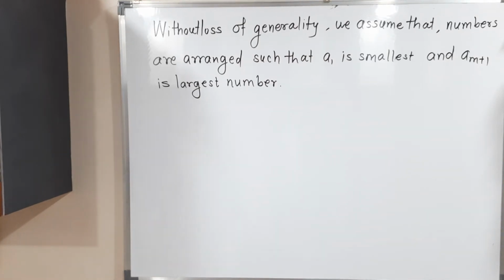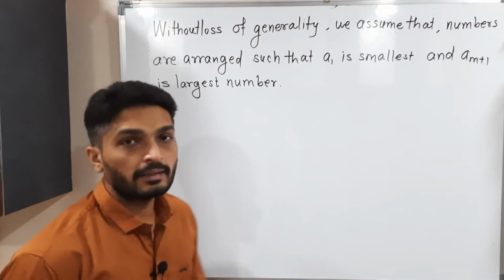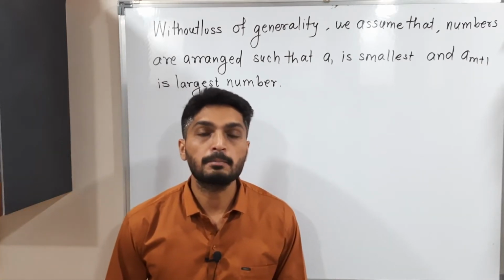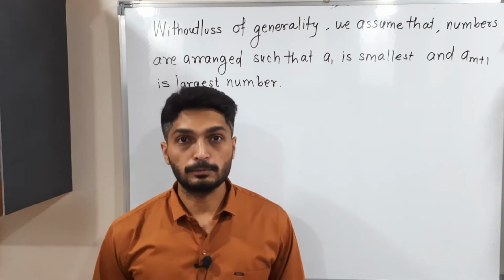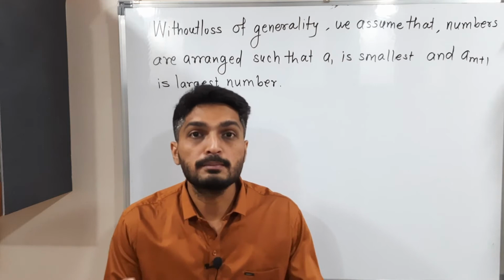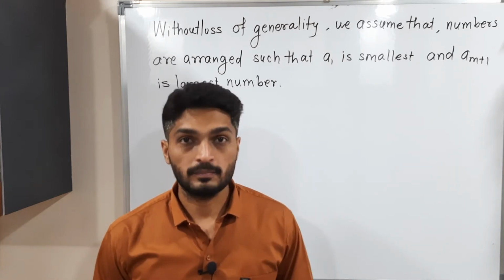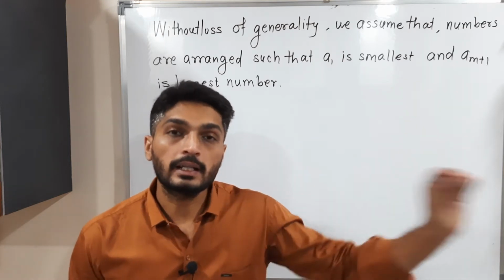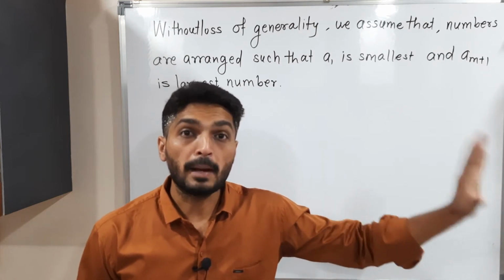Now we assume that all these numbers are arranged such that a1 is the smallest and am plus 1 is the largest number. Getting? So we can say we have arranged all these numbers in ascending order. a1 has the smallest value and the last number am plus 1 has the maximum value.